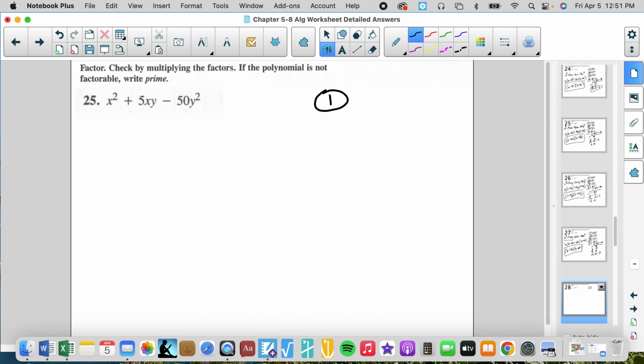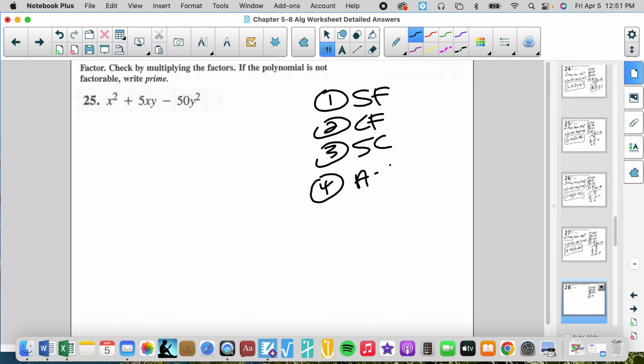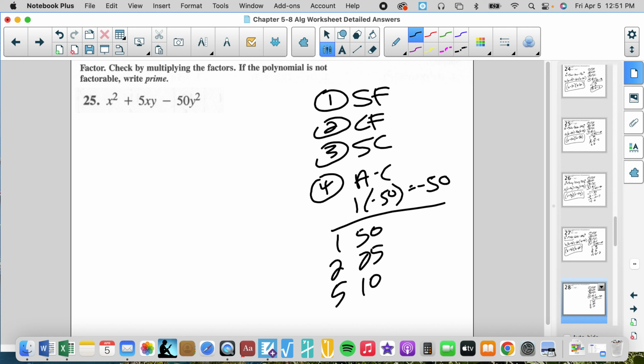That's different. Standard form, yes. Common factor, no. Special case, no. A times C, 1 times negative 50. I don't think we've done negative 50. 1 and 50, 2 and 25, 5 and 10. Signs are different. Bigger is positive. That gives me my 5.